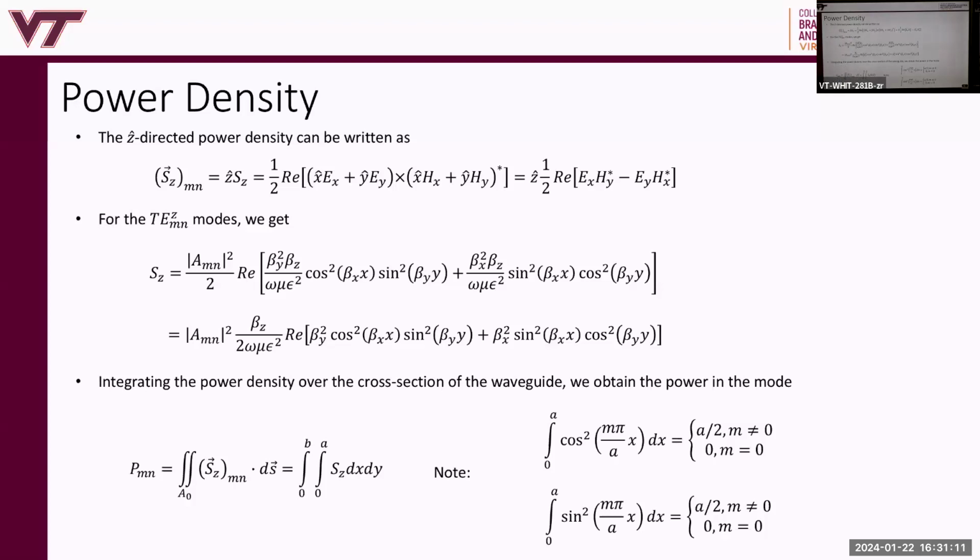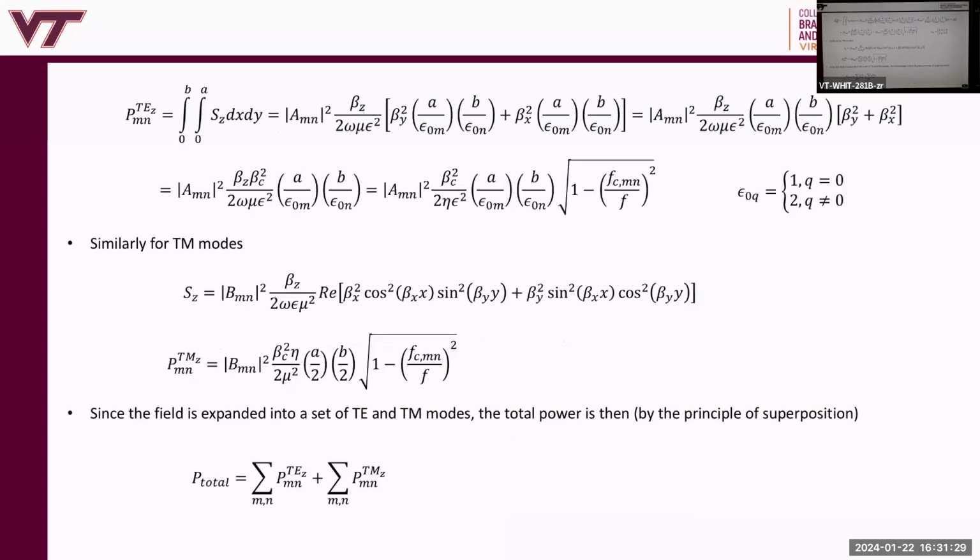You've probably seen these before. Same thing with the sine, all right? So only when m is non-zero do you get a non-zero result. That's good because these in general are a function of m and n, right? But using these integral identities, we can reduce this to single values or calculable values, right?